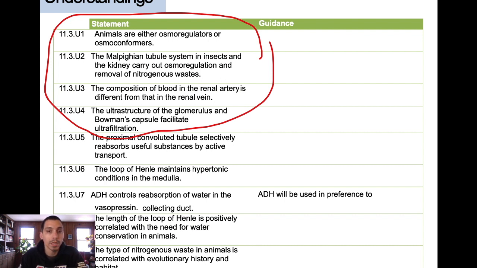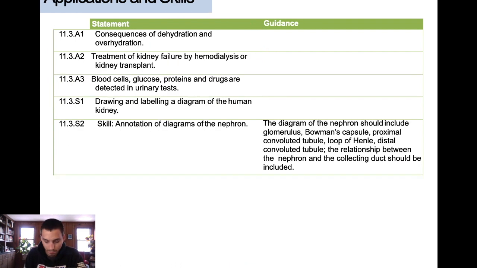The composition of blood in the renal artery is different from that in the renal vein, and the ultrastructure of the glomerulus and Bowman's capsule facilitate ultrafiltration. We're also going to talk about understanding number 9, which is that the type of nitrogenous waste in animals is correlated with evolutionary history and habitat, and that's what I just referenced.